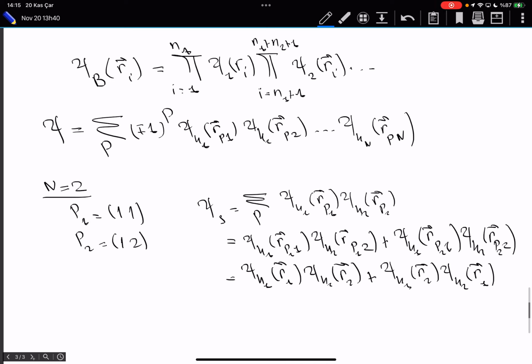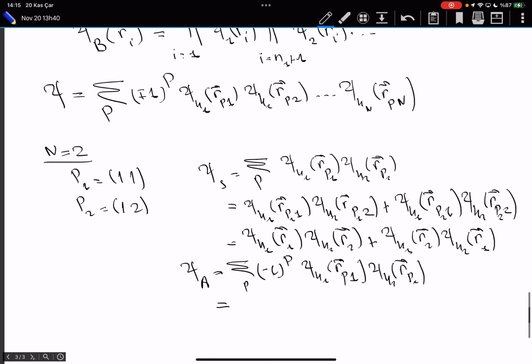Now, in the case of an antisymmetric wave function, if these are fermions, I should introduce this -1 to the P, psi K1, R of P1, psi K2, R of P2. Well, the only difference from the previous computation is that now I need to insert the signature of the permutation.